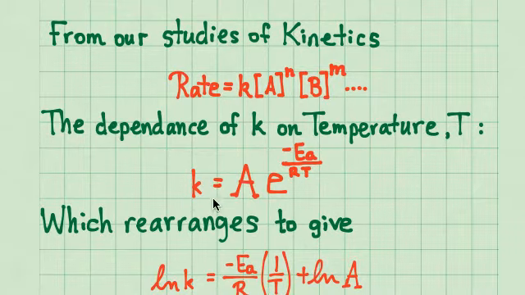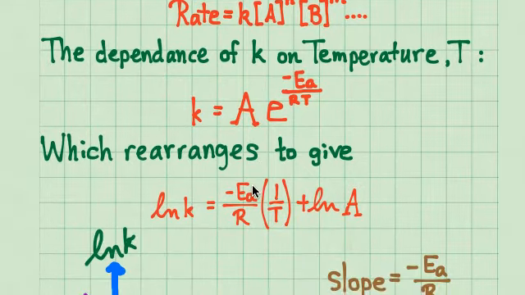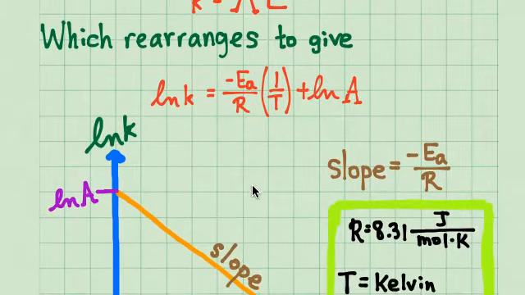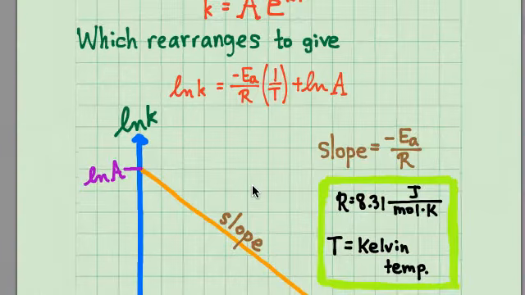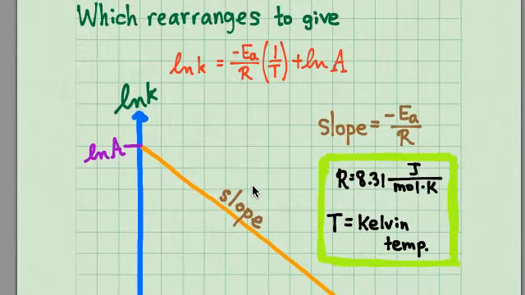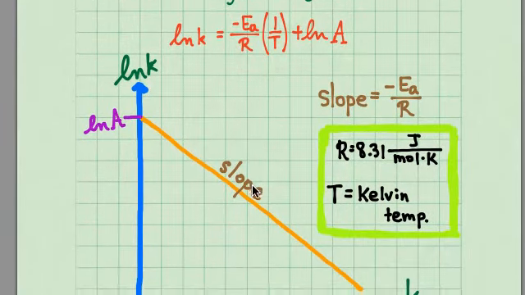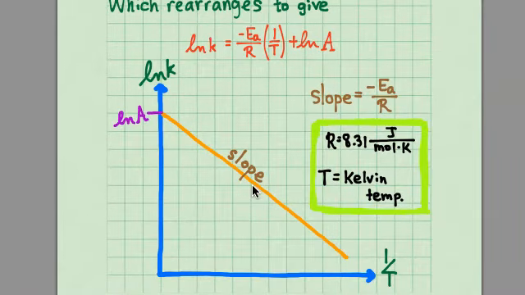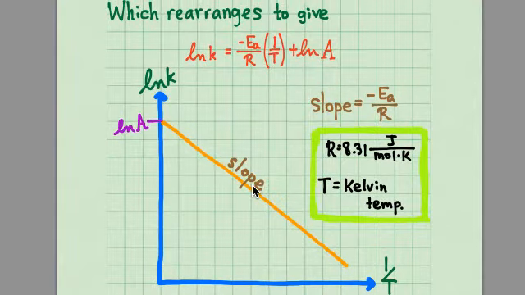This is its famous form, although it's sometimes hard to find what that constant A is, so we might rearrange that in a minute so that we don't have to know the value of A. But you might recognize the form of this equation as y equals mx plus b, in other words, the y-axis, the x-axis, the slope of the line, and the intercept right there.